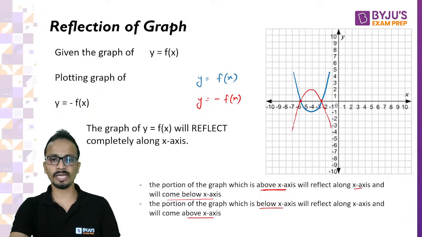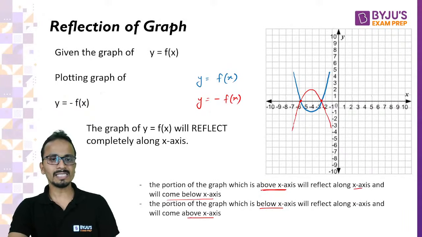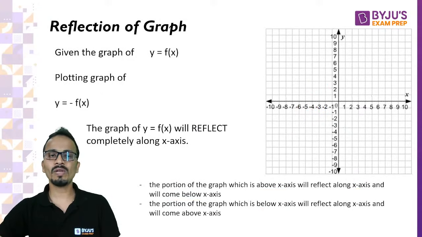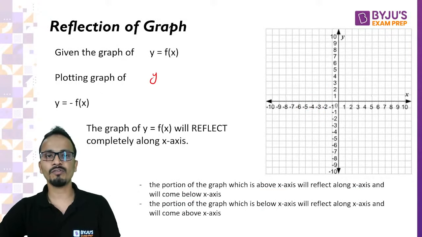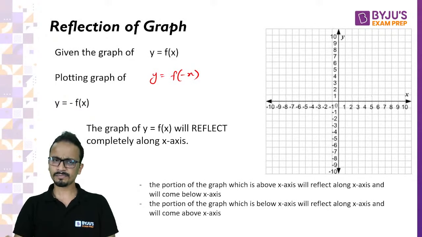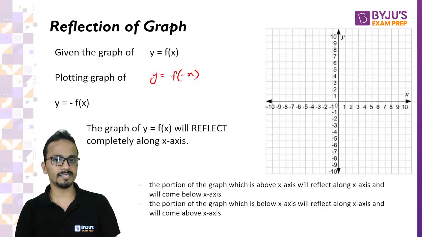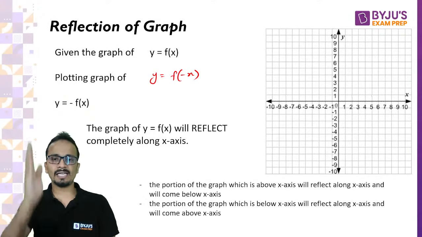All right, okay. Now similarly, let's talk about what will happen if I want to plot the graph of y equal to f of minus x. Okay, so in the similar manner, the graph will be reflected along y-axis.